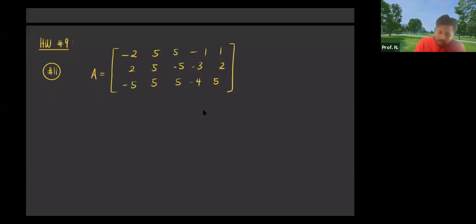And we want to find, so it says give a non-zero vector x in the null space of A.